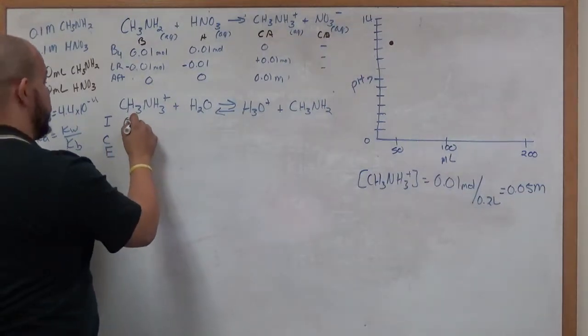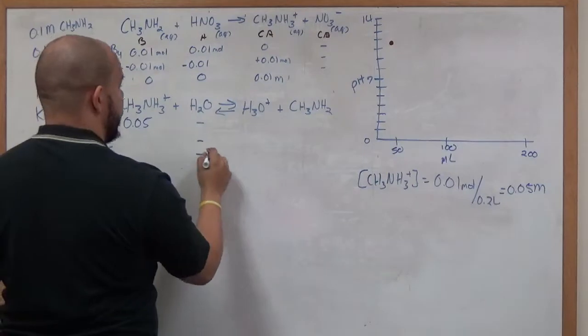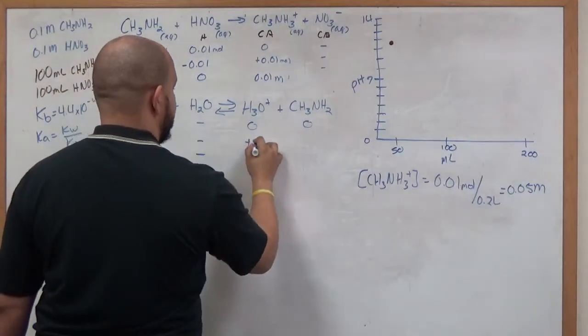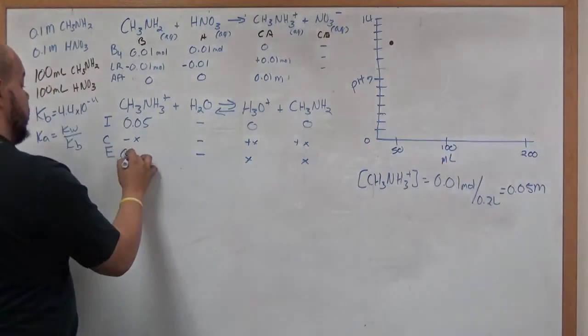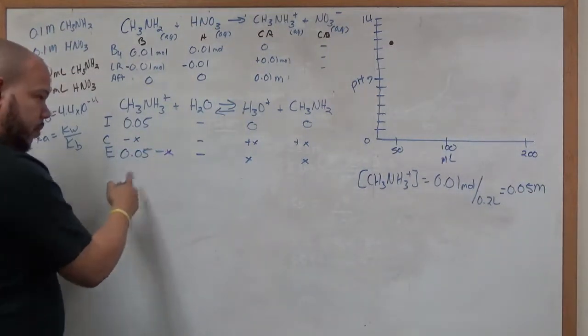So, 0.05, we're never worried about water. 0, 0, plus X, X, X, minus X, 0.05 minus X.